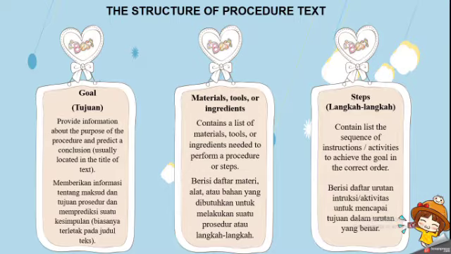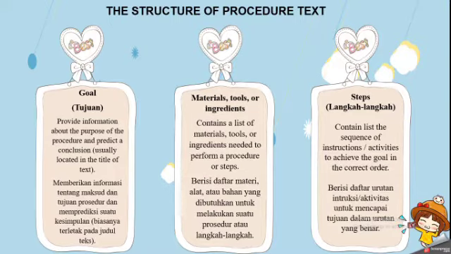Then the last is steps, yaitu langkah-langkah. Contain list the sequence of instructions or activities to achieve the goal in the correct order. Nah, di sini berisi daftar urutan instruksi atau aktivitas untuk mencapai tujuan dalam urutan yang benar.